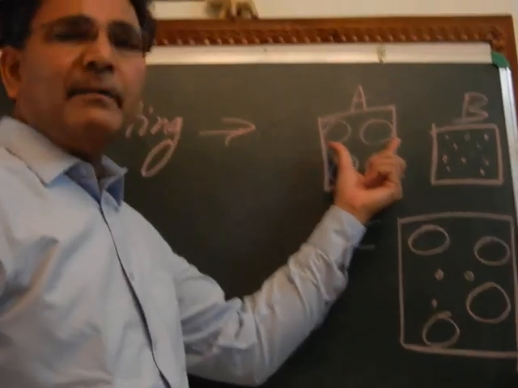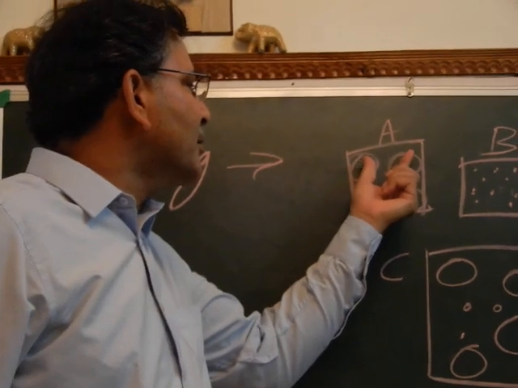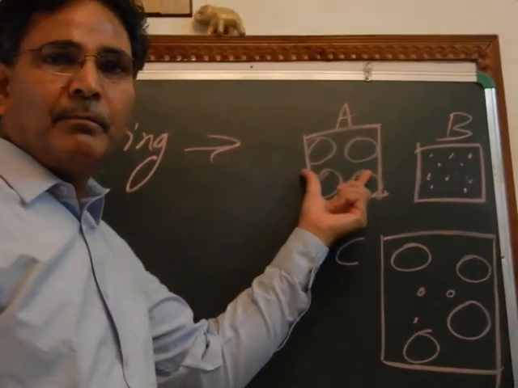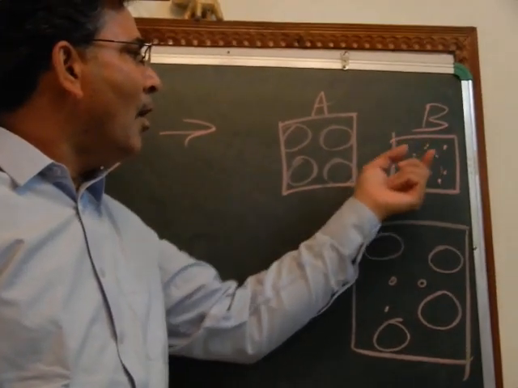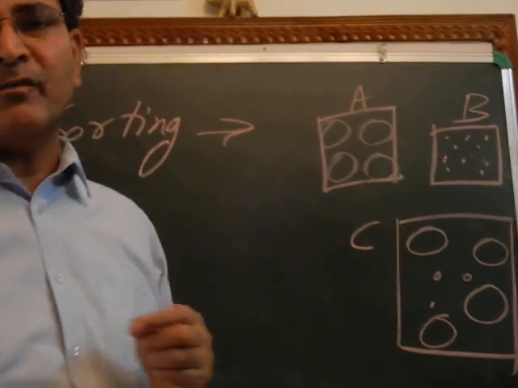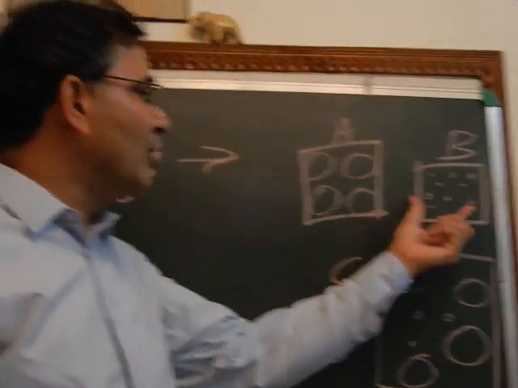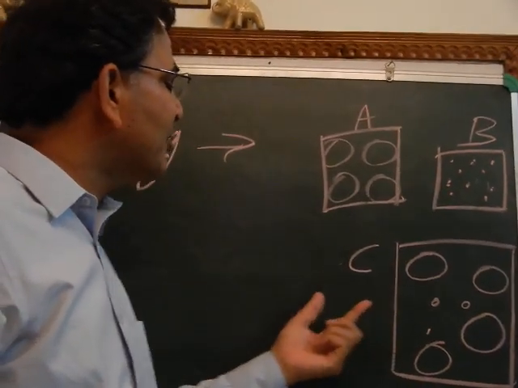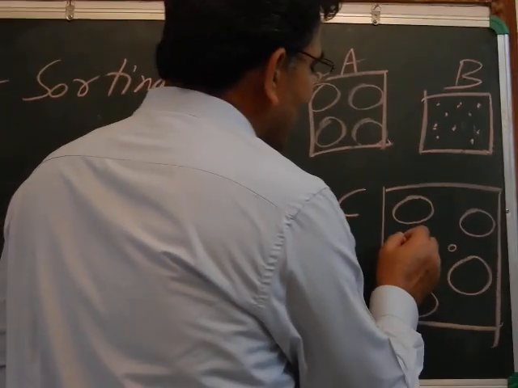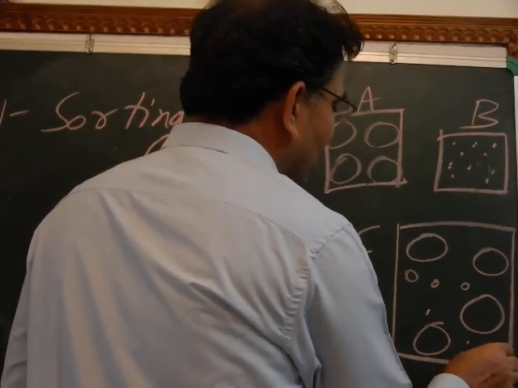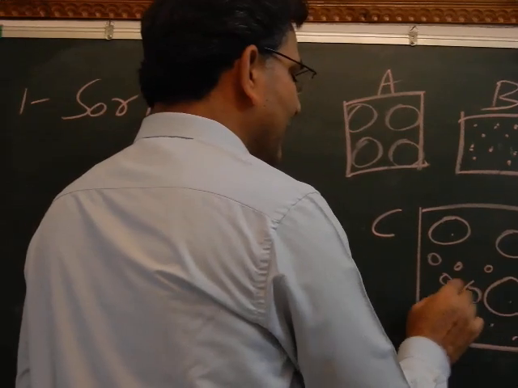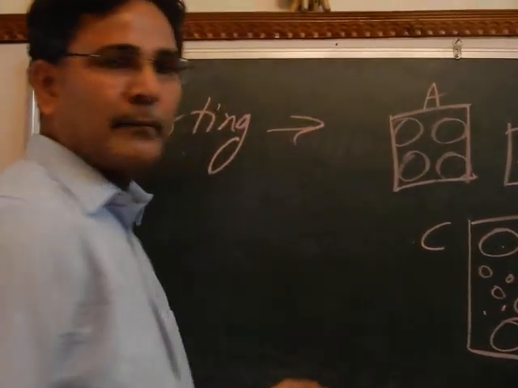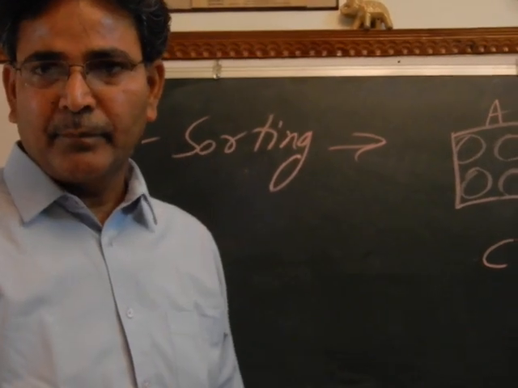In the case of A, all the sizes of the sediments are roughly equal. The energy is high. In case of B, all the sizes of the sediments are roughly equal and the energy is low. But in the case of C, the size of the sediments is unequal. Some are coarser, some are finer, some are intermediate. So energy is fluctuating.